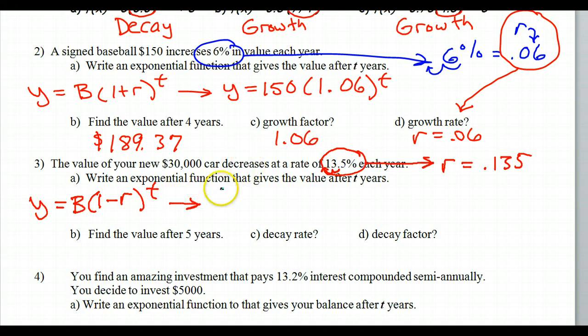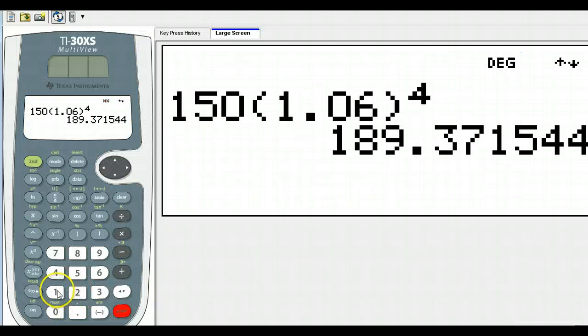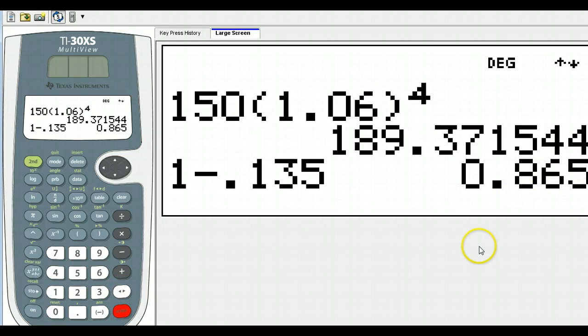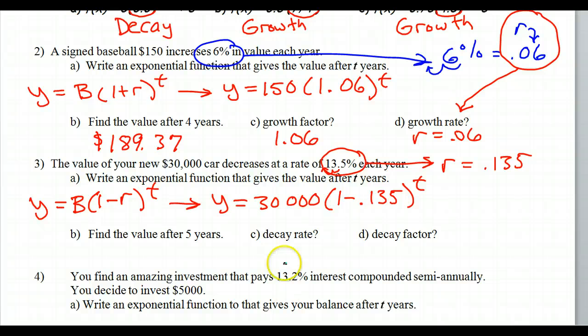Anyway, so our model, our function, is going to be that initial 30,000 times 1 minus the rate of 0.135 to the power of time. Again, don't leave it as 1 minus 0.135. Go ahead and do the subtraction. So 1 minus 0.135 is 0.865. Don't round this. Keep those decimals.